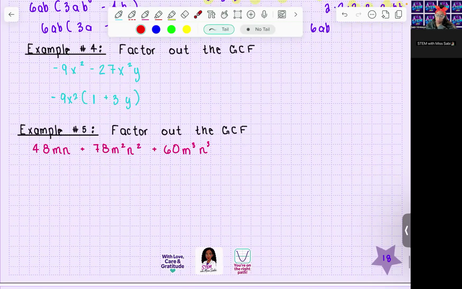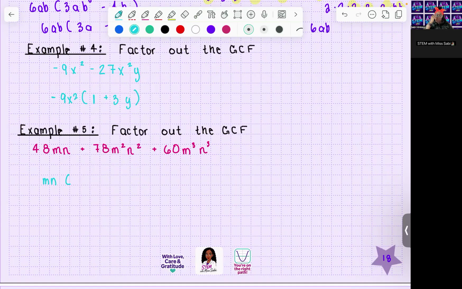Okay, what about 48mn? For sure the biggest of the variables that I can take out is the mn. I know that. Now I need to find the GCF of 78, 60, and 48. So let's see, 78 is an even number.